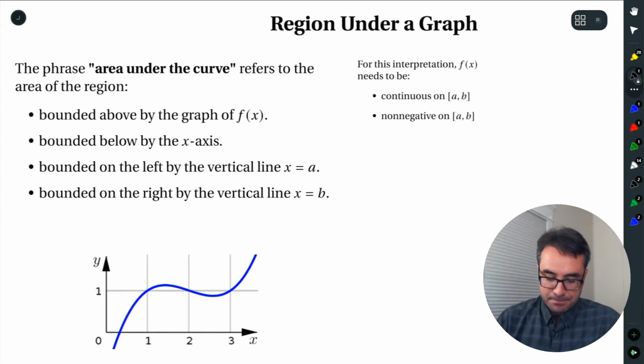So if we have this function here, say f of x, an example might be to calculate the area under the curve from x equals 1 to, say, x equals 3.